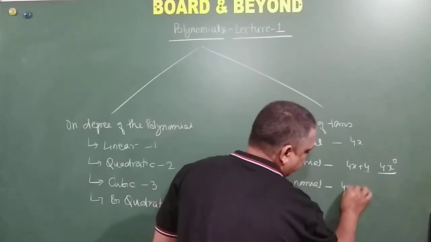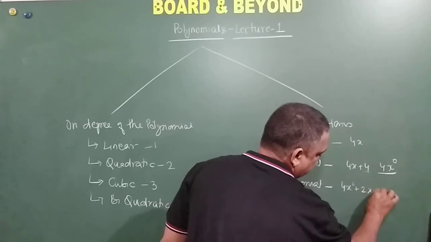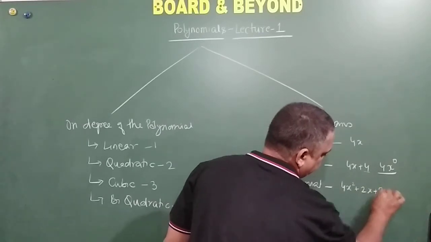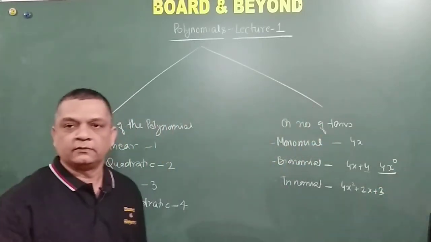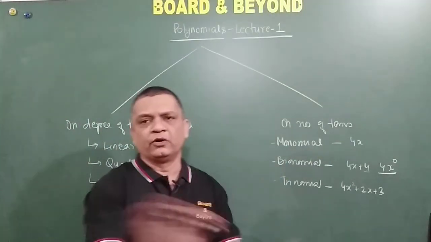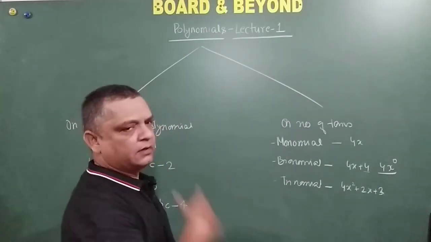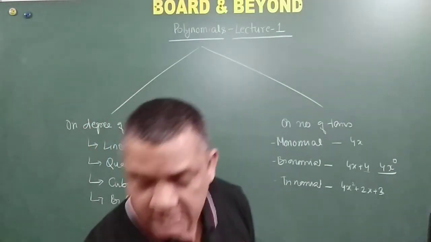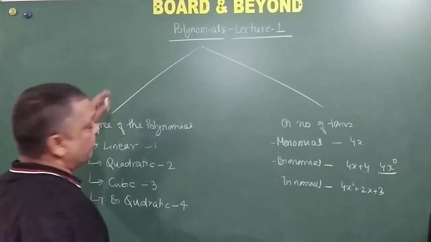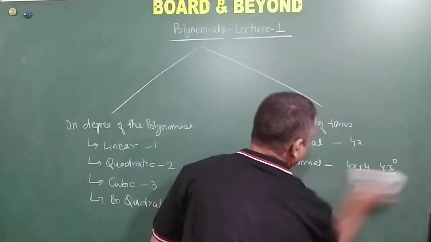Trinomial, let us say 4x square plus 2x plus 3. This is a trinomial because 3 terms. And beyond trinomial, all are polynomial in general. Okay, so we will not go into that. So basically, you have understood the different classifications of the polynomial as well, my friends. Okay, so let's move further.